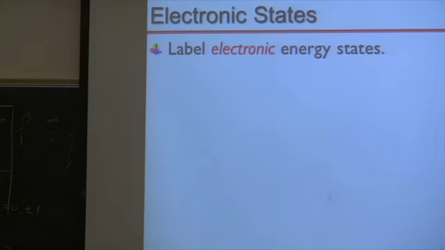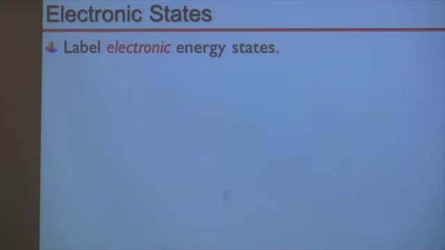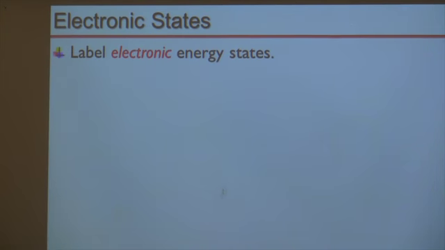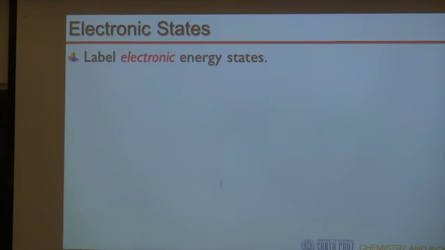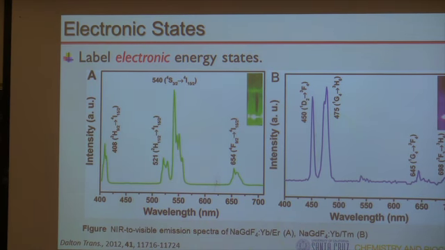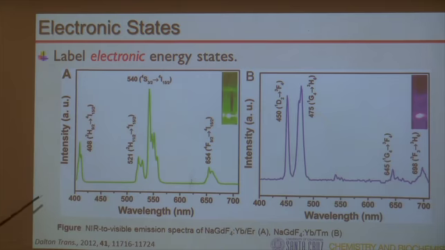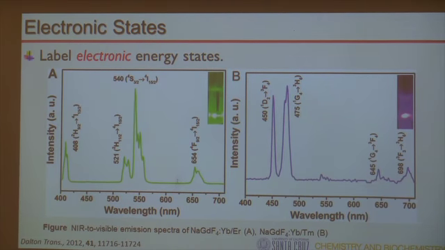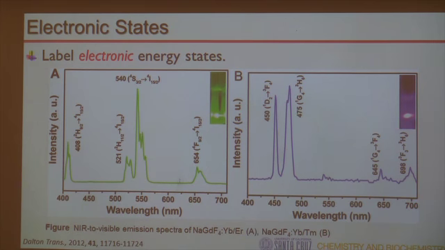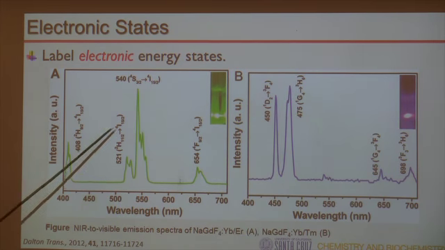What we need the term symbols for, again, is to label electronic energy states for many-electron atoms. For example, when you write a scientific paper, you describe the behavior of emissions for some transition elements. How can you tell other scientists that this transition involves two energy states?